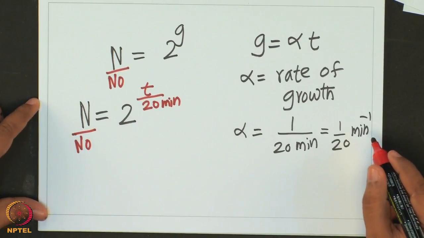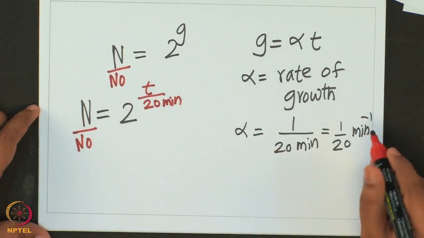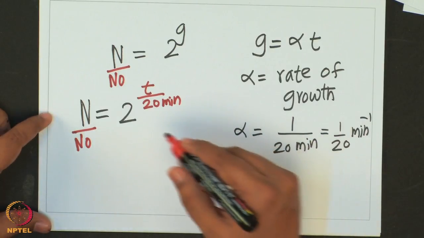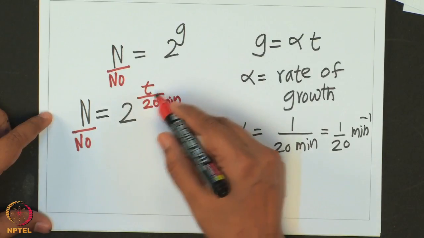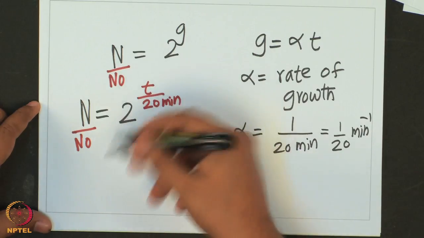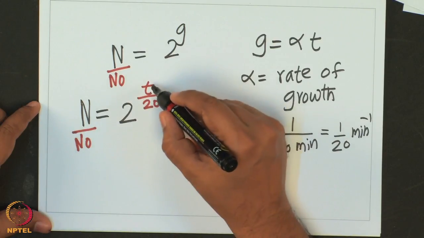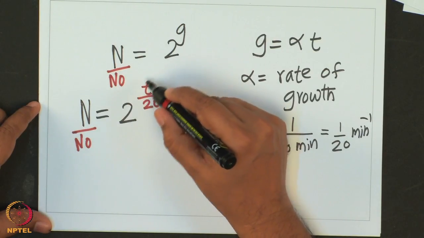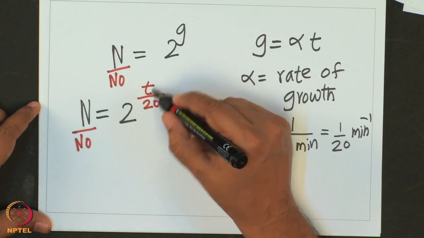If I write this, I would get a plot which would be again an exponential growth. And if I start with n0 equal to 1, of course at t equal to 0 you will have n equal to 1. So if I start with 1 bacteria, which is my n0 is 1, after 20 minutes it will be 2 power 1, after 40 minutes it would be 2 power 2, and so on and so forth.